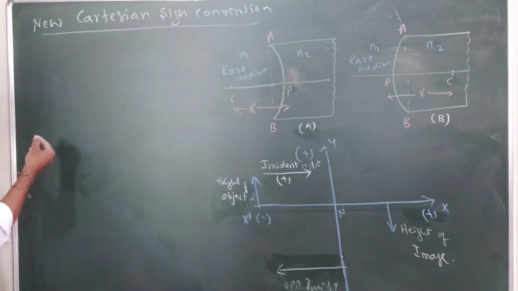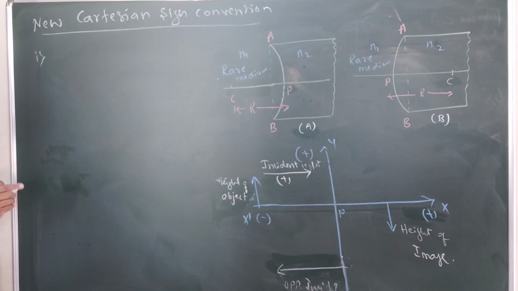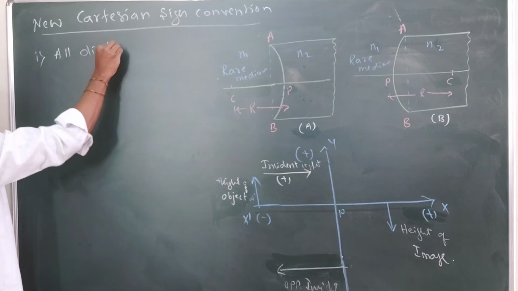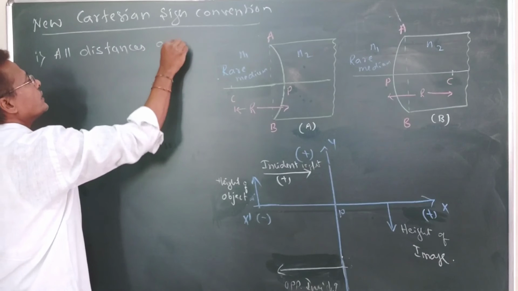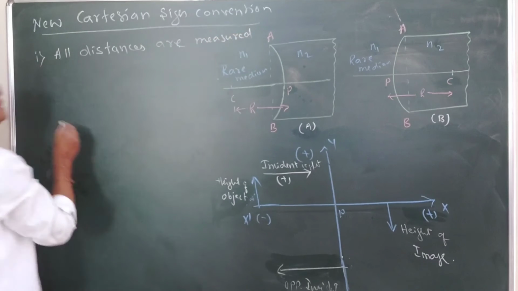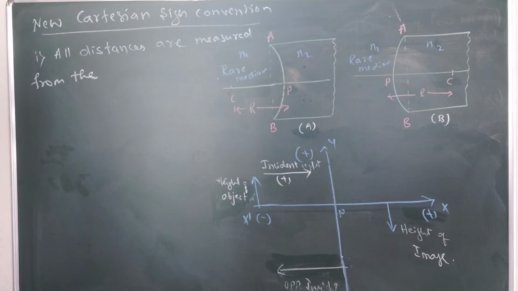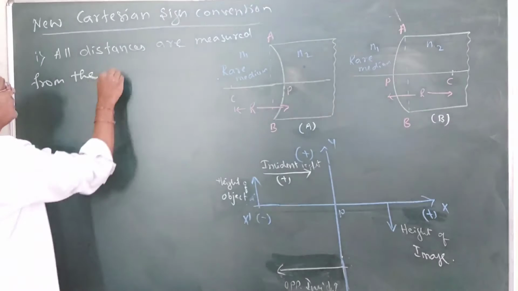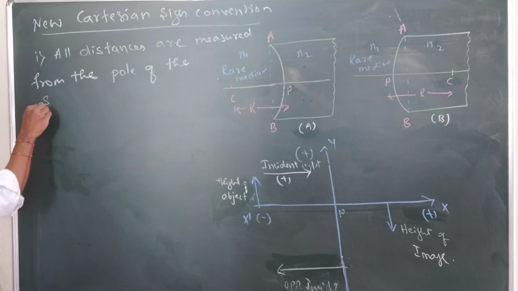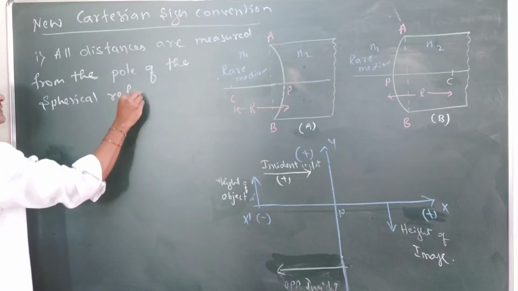Now first point we are going to see: all distances are measured from the pole of the spherical refracting surface.